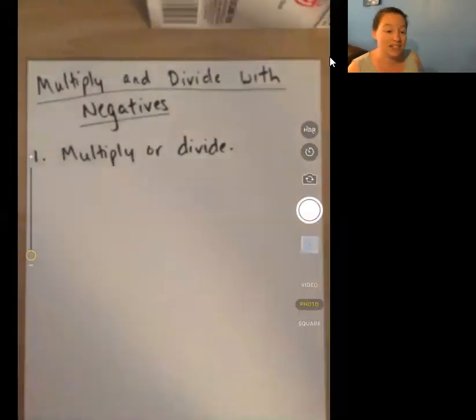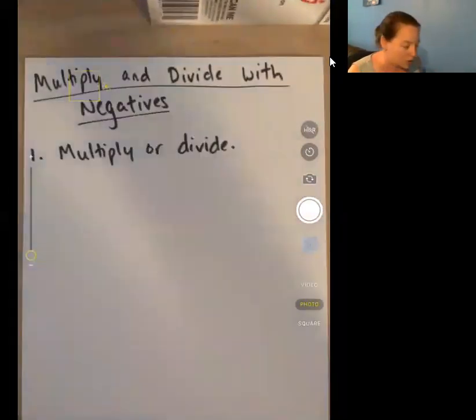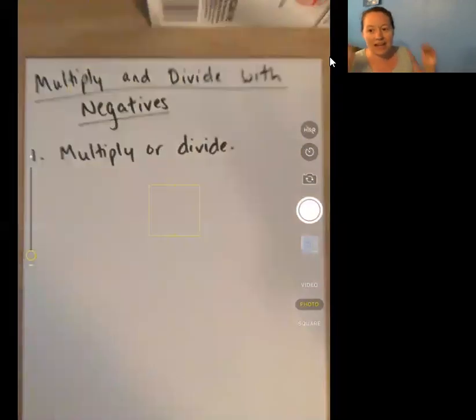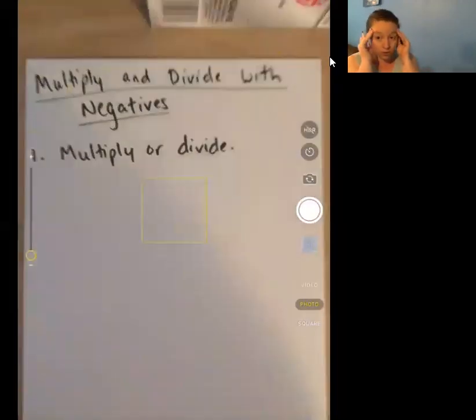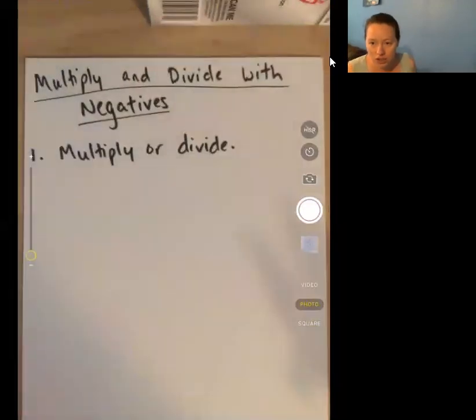For multiplication and division, we don't even think about if it's a positive or a negative until we're already done, which is why most of the time when I plug these into my calculator, I don't bother including the negatives. I just plug in the numbers and then afterwards use my rules for whether it should have ended up being a positive or a negative when I'm finished.